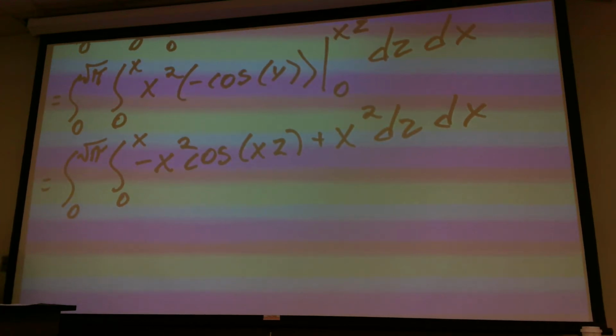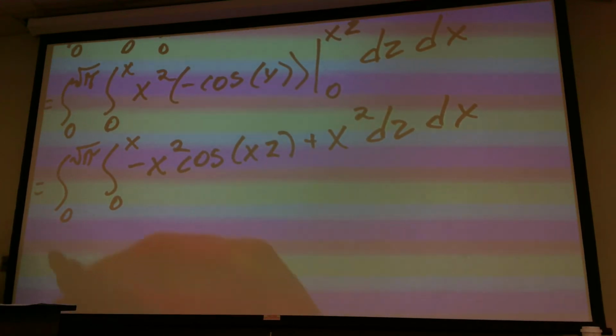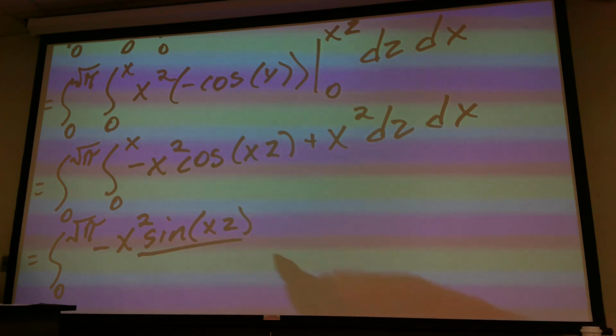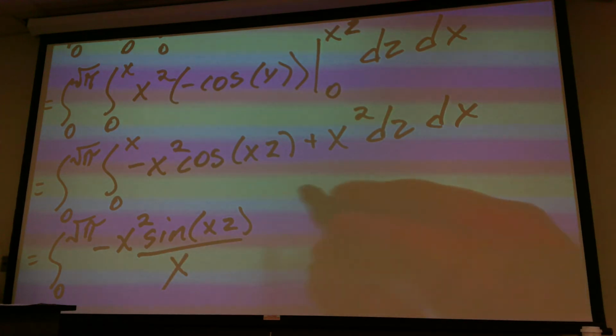So this is going to equal the integral from 0 to the square root of pi. Now, negative x squared sine of xz. But remember I said that we're viewing x as a constant, so we're going to have to divide by x. And then plus x squared times z.